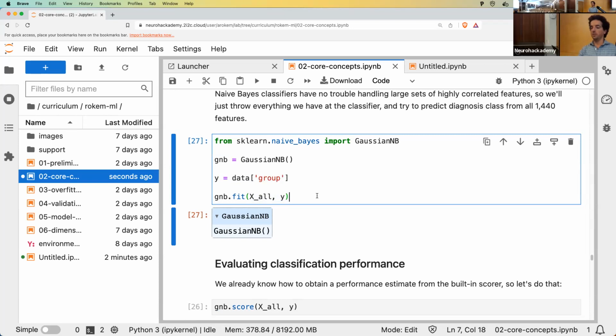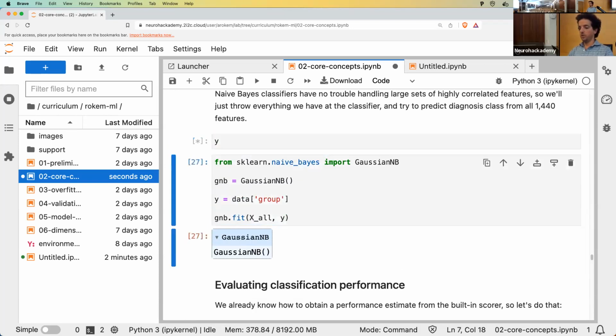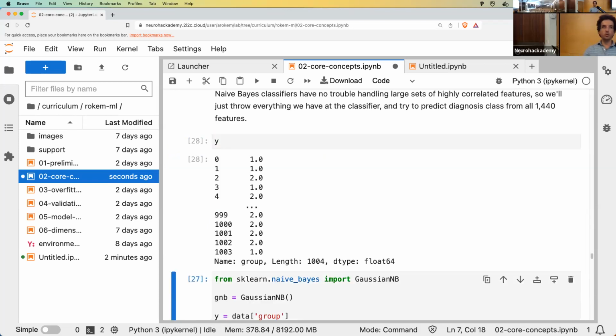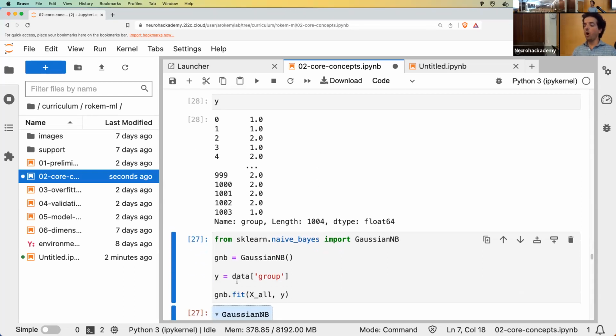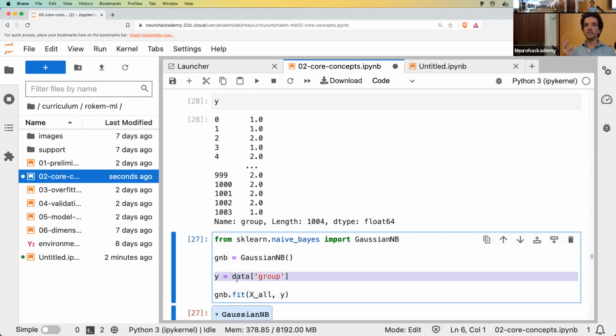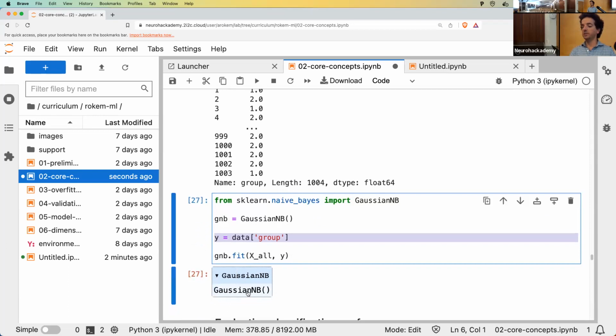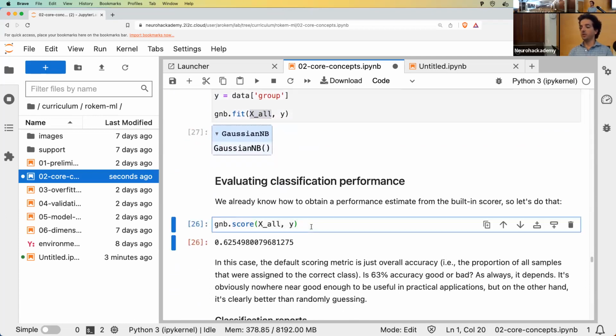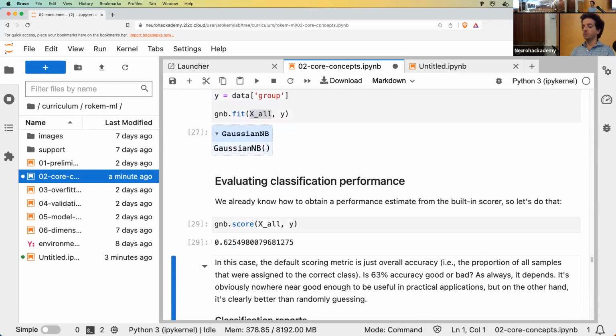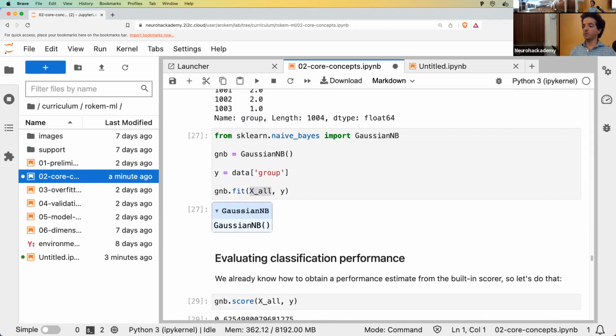So it's got either 1 or 2 in it, right? I believe 2 is subjects that have a diagnosis of autism. So the Y is a 2-class set of numbers, binary, and X-all is the same X-all that we used for age regression, and we can go and look at the classification performance of that.